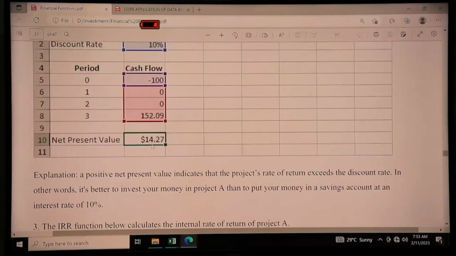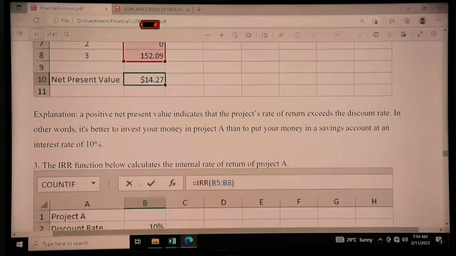That is, you automatically get more returns from that investment. If the net present value is positive, then we say that the project is better than investing your money in a savings account. Now, we are going to use the internal rate of return again to confirm the same.